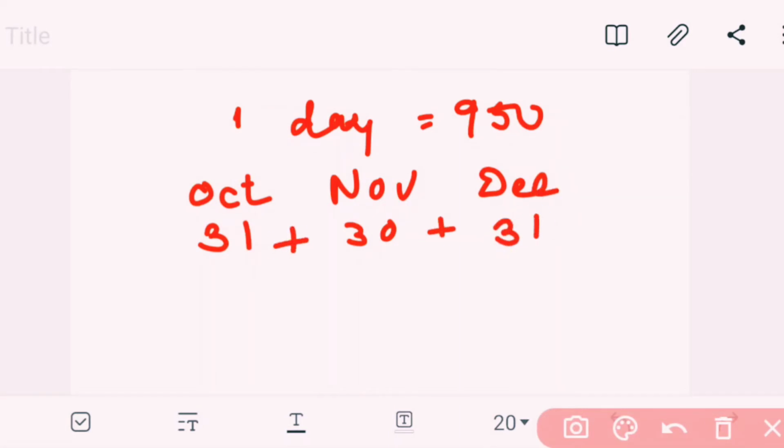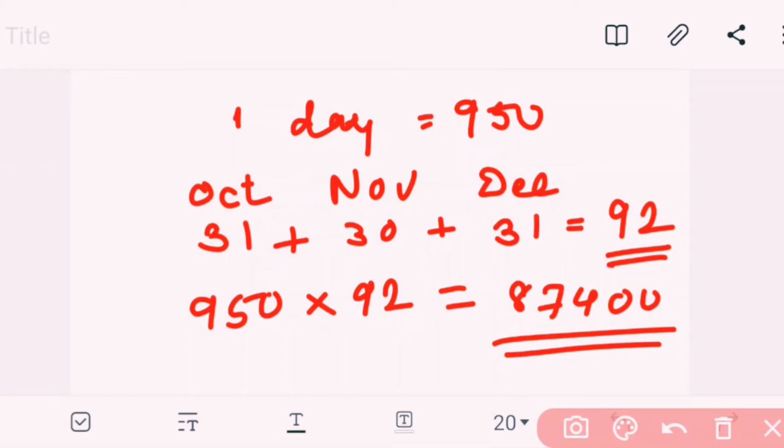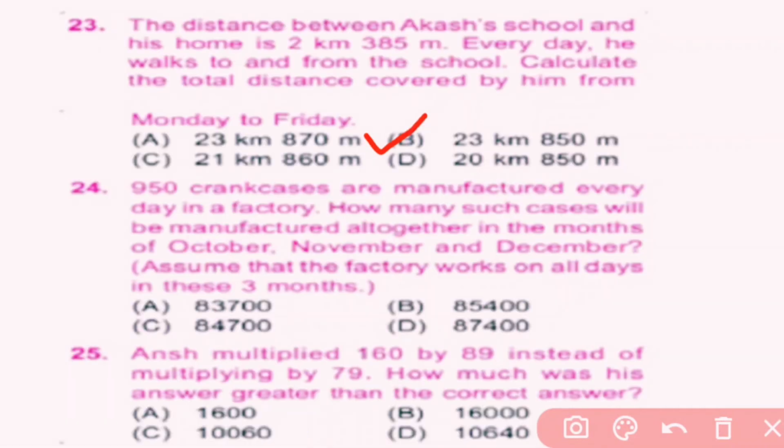Total number of days is 92. Now we have to find the number of crankcases manufactured in 92 days. So we need to multiply 950 into 92. So 87,400 crankcases are manufactured in 92 days. So D is the correct option.